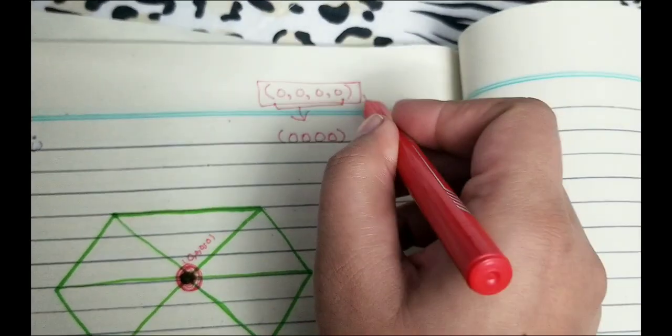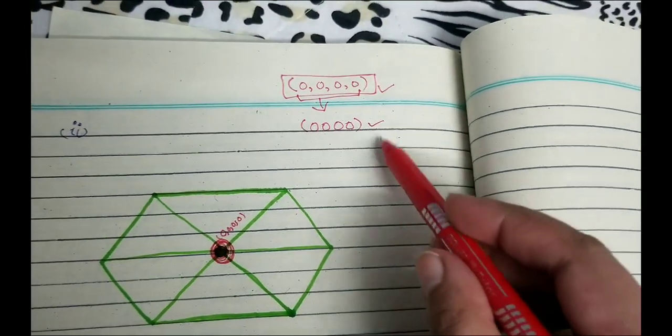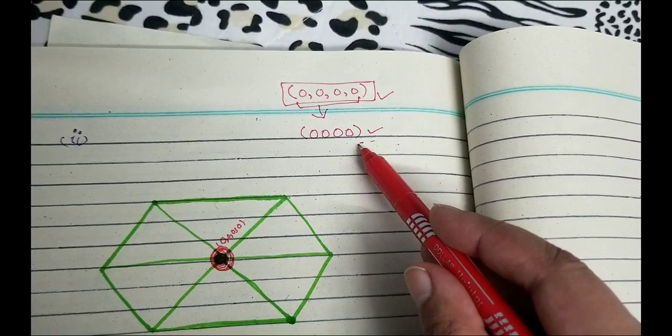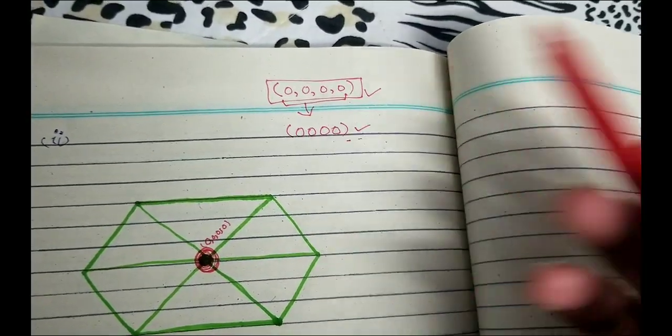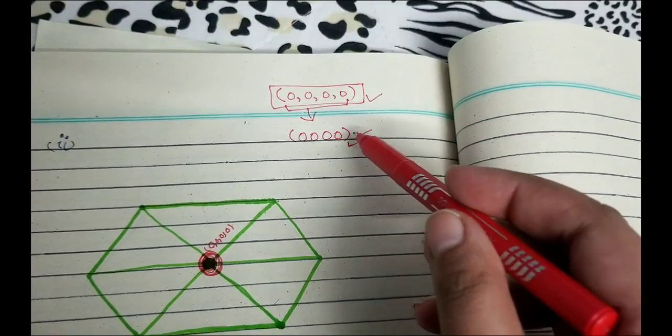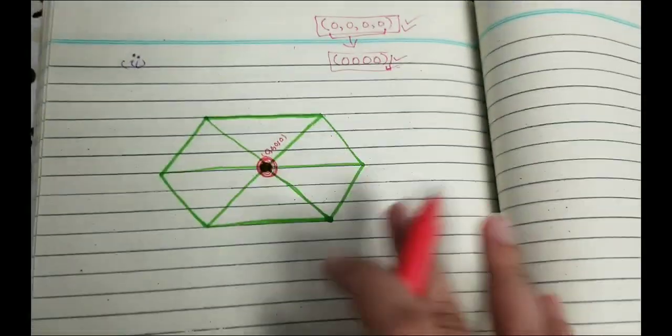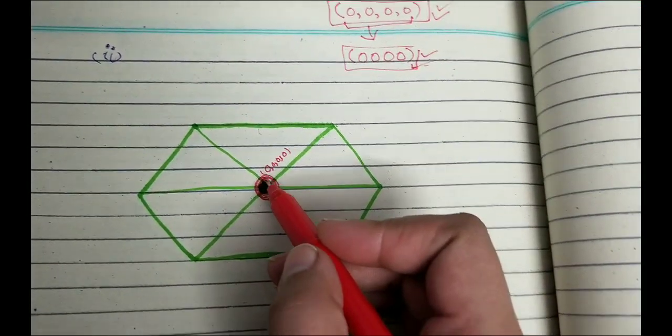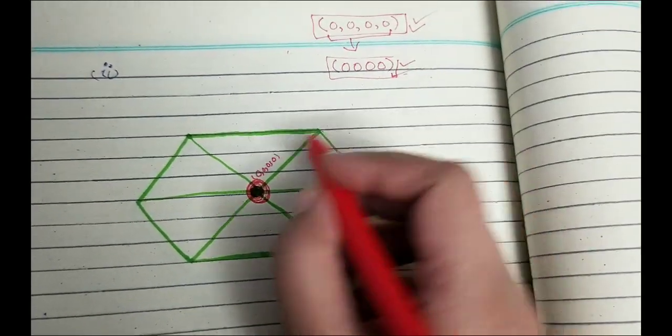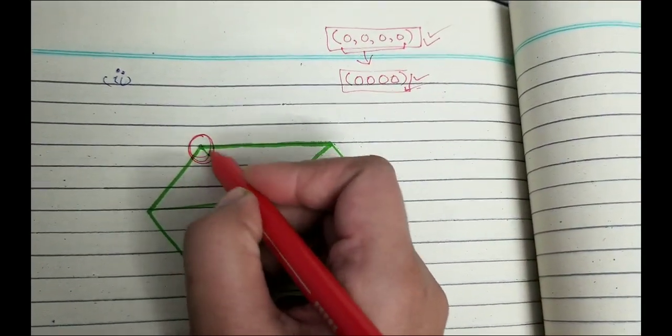So this notation and this notation are different. This is the Miller-Bravais indices notation for planes when they are enclosed by round brackets, and this is for coordinates.